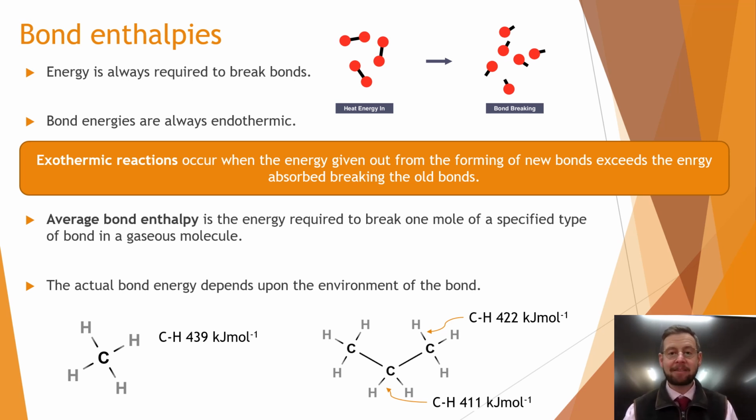Whereas on the outer edges of a propane molecule, what you might find is those carbon-hydrogen bonds take 422 kilojoules per mole, and whereas the two hydrogens that are attached to the middle carbon, they only need 411 kilojoules per mole. Not requiring nearly so much energy, they must be more loosely held.